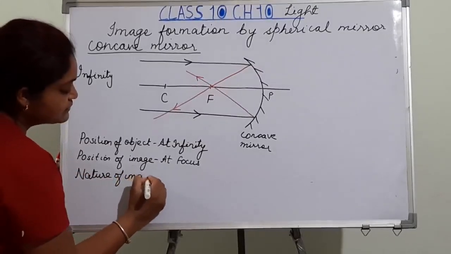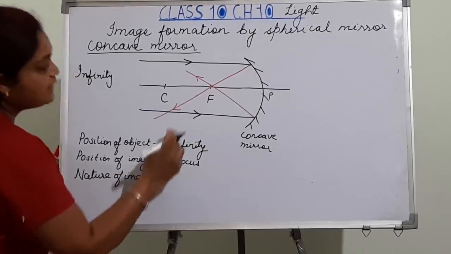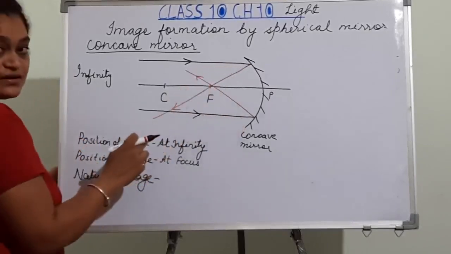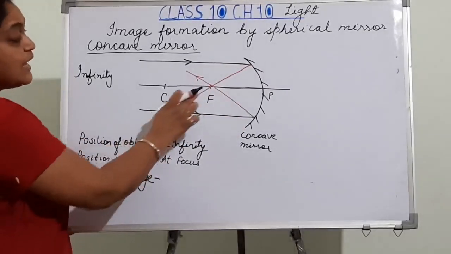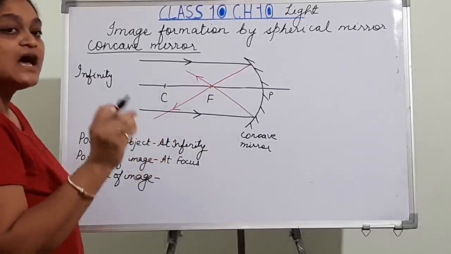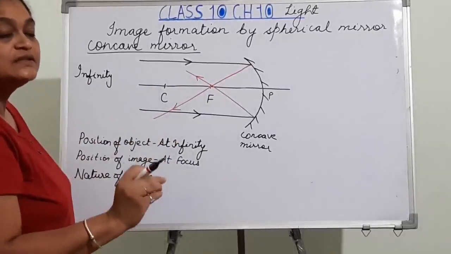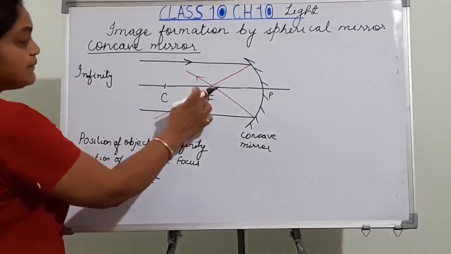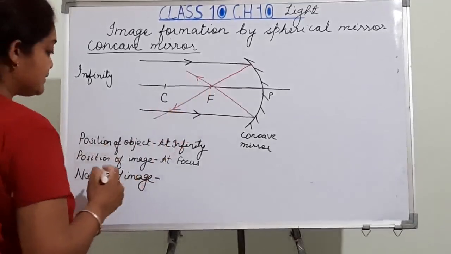Nature of image. You can see here that these two rays, after reflection from the mirror, actually meet at focus. If the rays are actually meeting after reflection, then a real image is formed. So which type of image? It is real image.